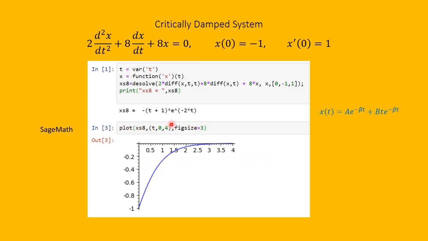Here we have the plot command for this solution function, plotting it for t going from 0 to 4 with a small figure again. And here is the figure.